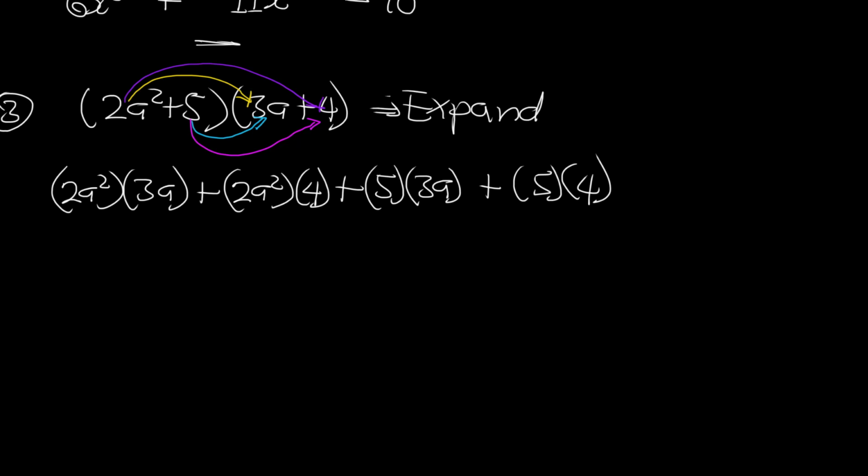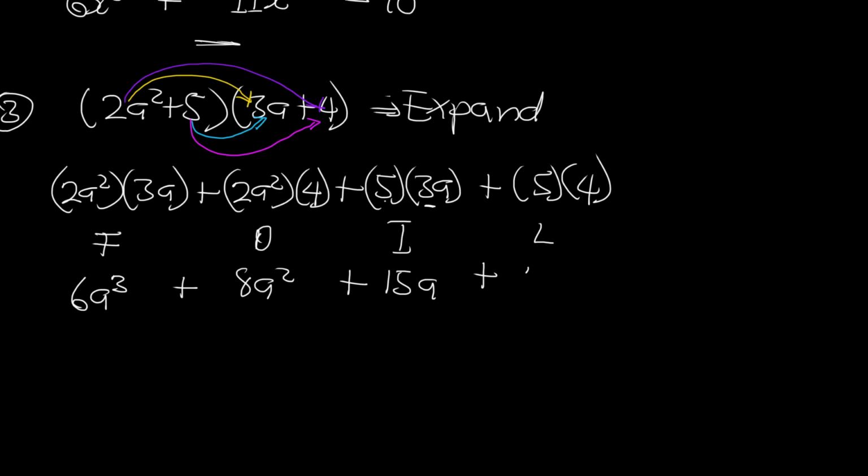So this is our first term, the outer, inner, and the last term. 2a squared times 3a would give us 6a raised to the power 3 plus 2a squared times 4 will give us 8a squared plus 5 times 3a would give us 15a plus 5 times 4 is 20.